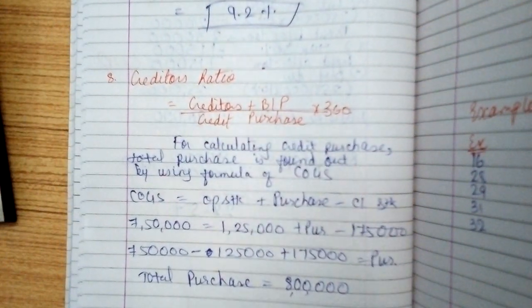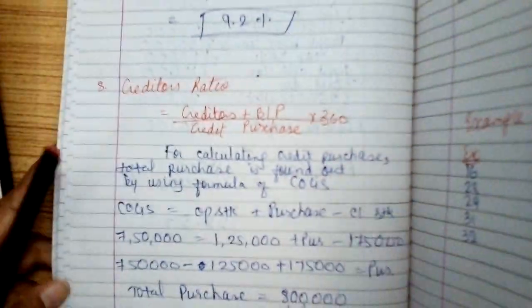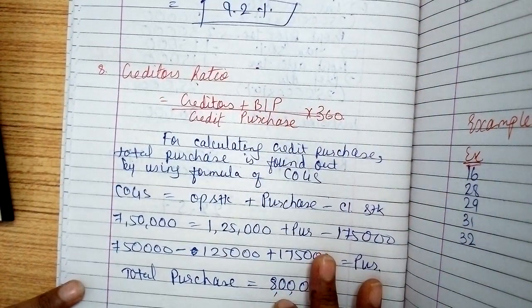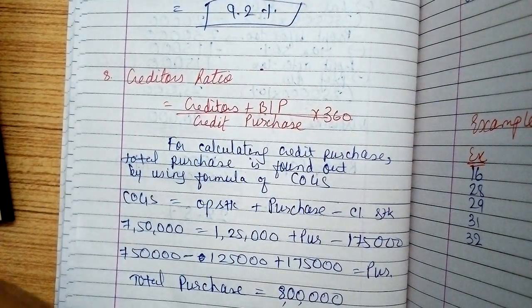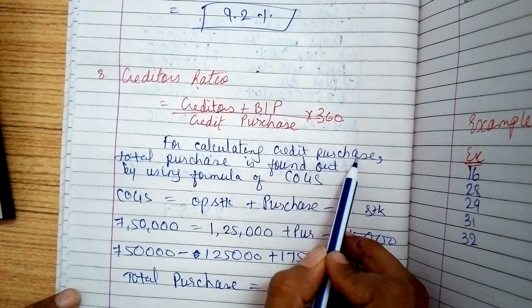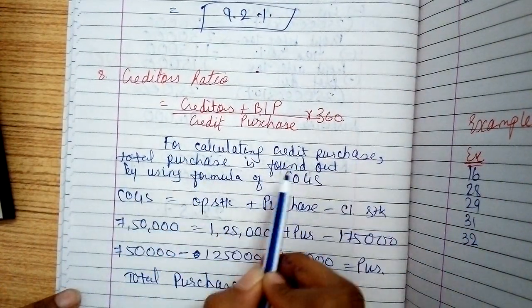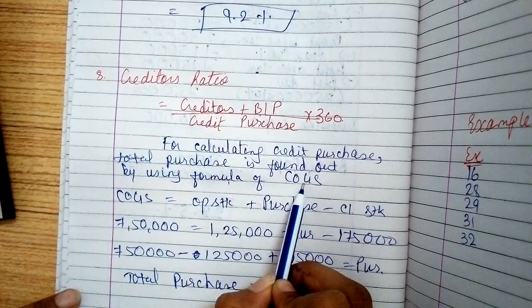Formula: creditors plus bills payable upon credit purchase into 360 days. Right? So now credit purchase is missing. Even purchase is also missing. So for calculating credit purchase, total purchase is found out by using the formula of COGS.